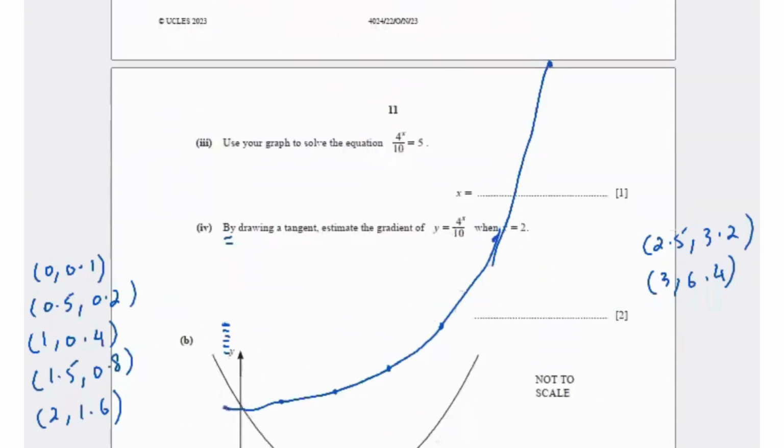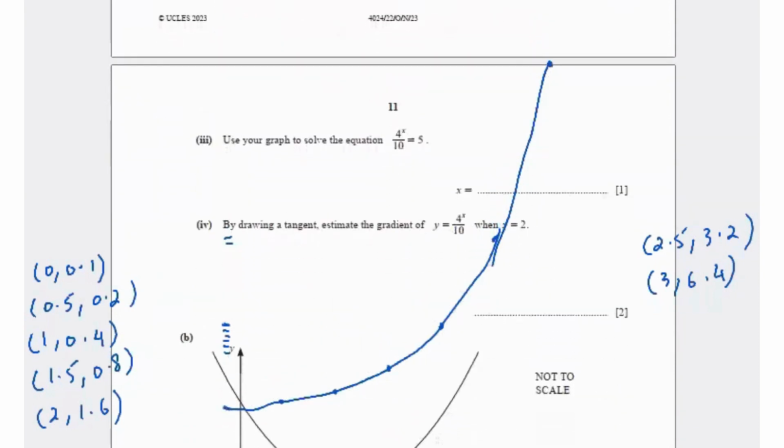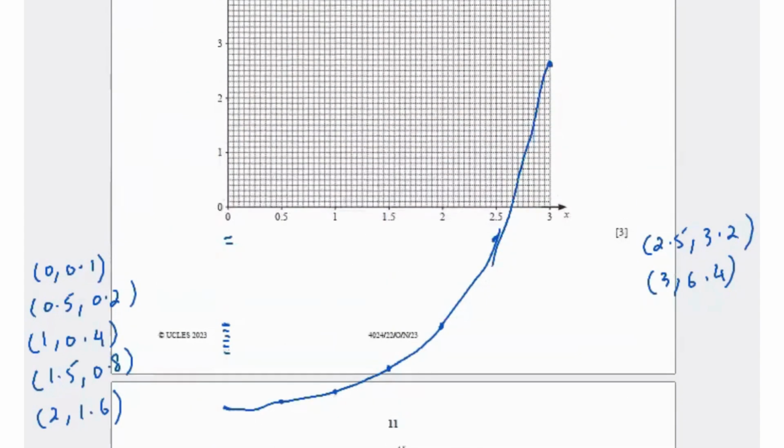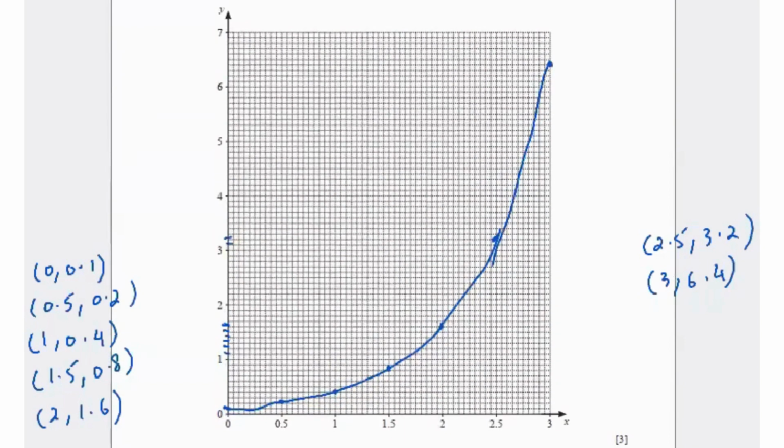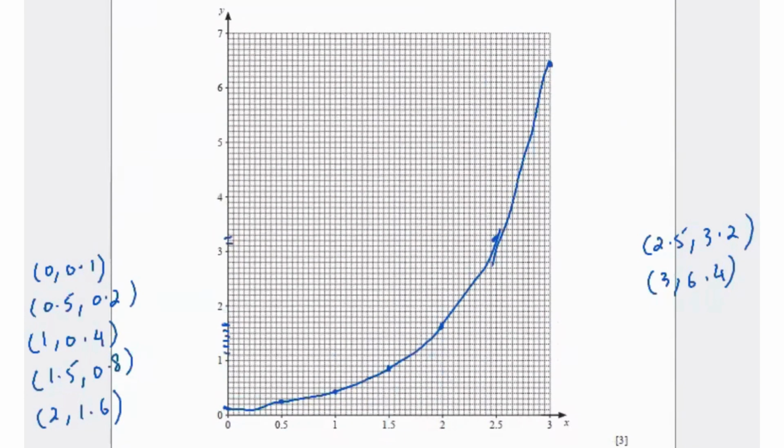And then it says, by drawing, use a graph to solve the equation 4 to the power of x over 10 equals 5. So for y equal to 5, I'm going to draw a line at y equals 5. Which is going to give us this point over here.